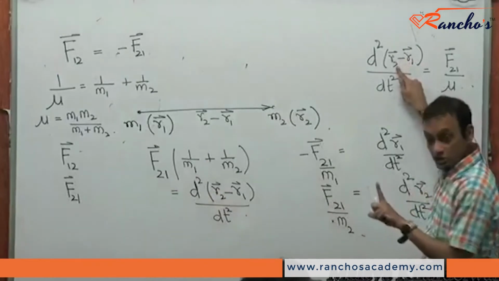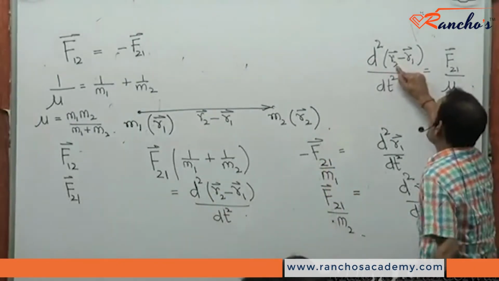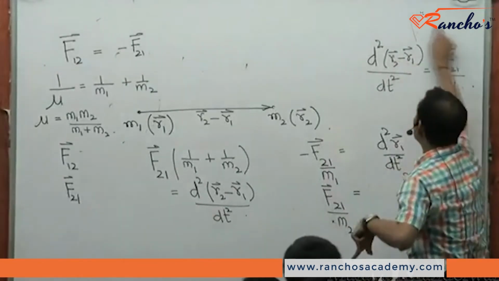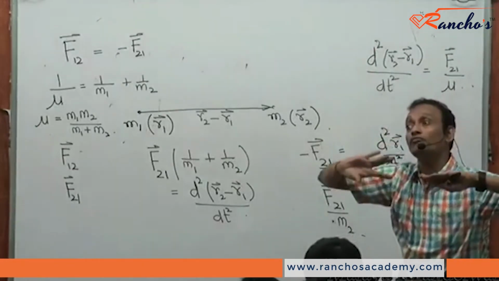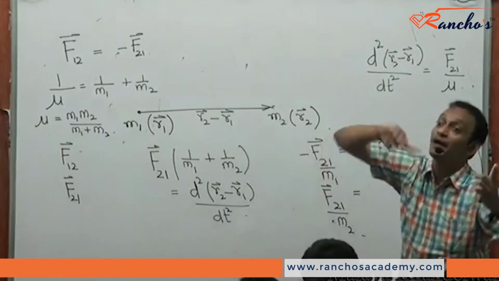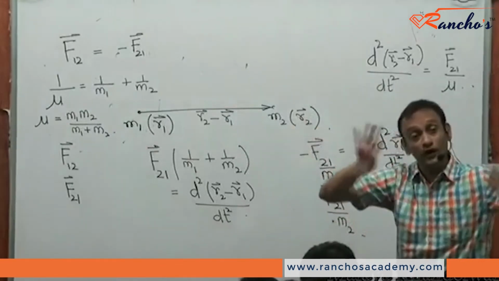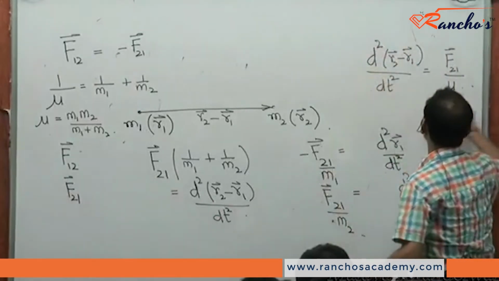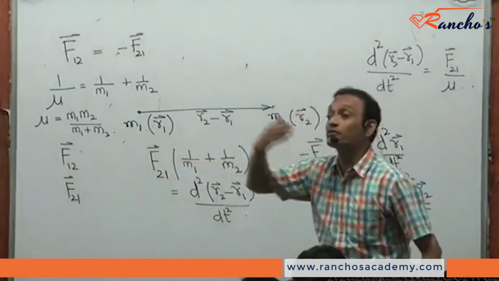Which means, isn't it, r2 minus r1, this is twice the rate of change of position vector of 2 as perceived by 1. Yes or no? This would be about the path of 2 as seen by 1, the acceleration of 2 as seen by 1, velocity of 2 as seen by 1. This motion governs the motion of 2 with respect to 1.